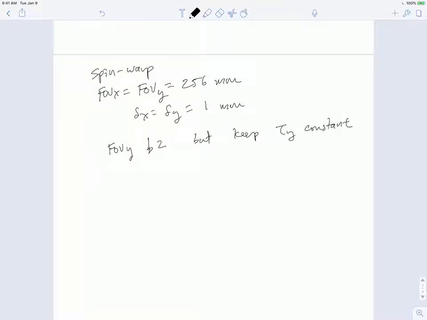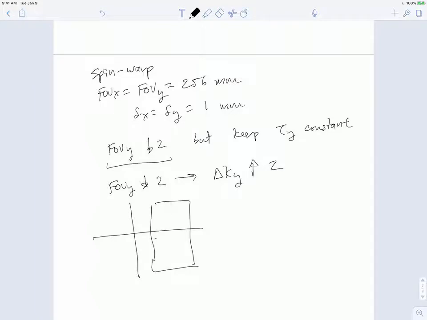All right, so as before, if the FOV in the y direction goes down by a factor of 2, then the first thing you write down is, well, then obviously delta ky goes up by a factor of 2. Okay, and so what that means is if we're looking at these phase encodes, this tau y is kept constant. And so the only other parameter we have to play with is this incremental gradient that we increase by each phase encode.